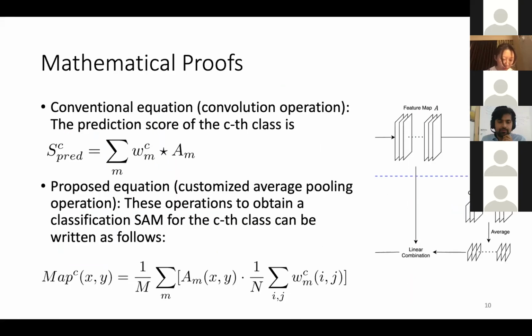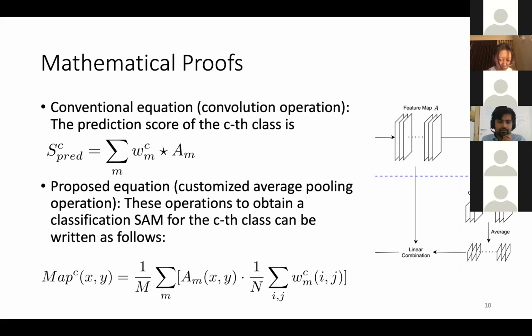Now we will show the formulation of our proposed method at the classification layer. For comparison, we will go over the conventional equation, which is the convolution operation, first. Let A_M represent the feature map of channel M. W_MC represents the convolutional kernel that contains the M-th channel and the C-th class.